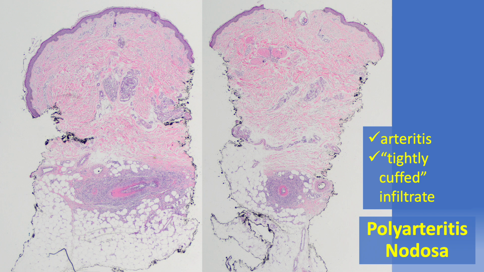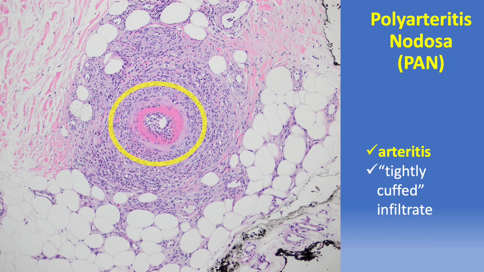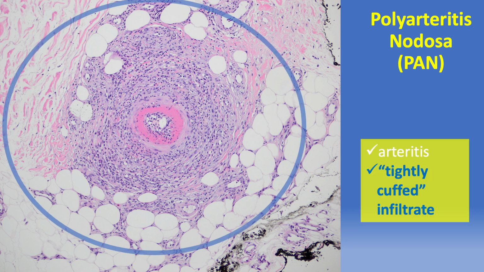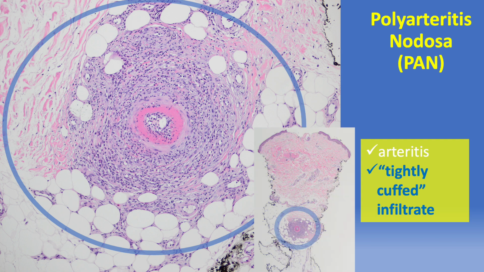And notice that in these two recut sections of the same affected small artery, the profile of the artery is different. One is circular on the right, and the other on the left is more oval in shape, with ideal cross-sections showing a circular profile of the rigid arterial wall and associated circumscribed or tightly cuffed infiltrate, perhaps best appreciated at scanning magnification.